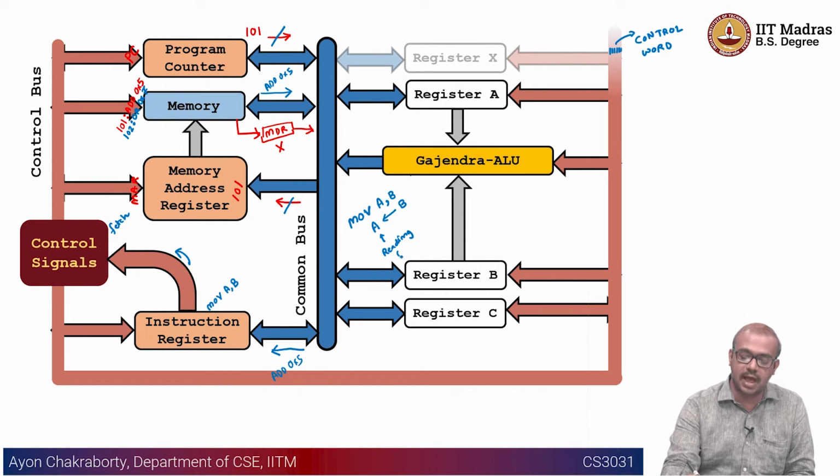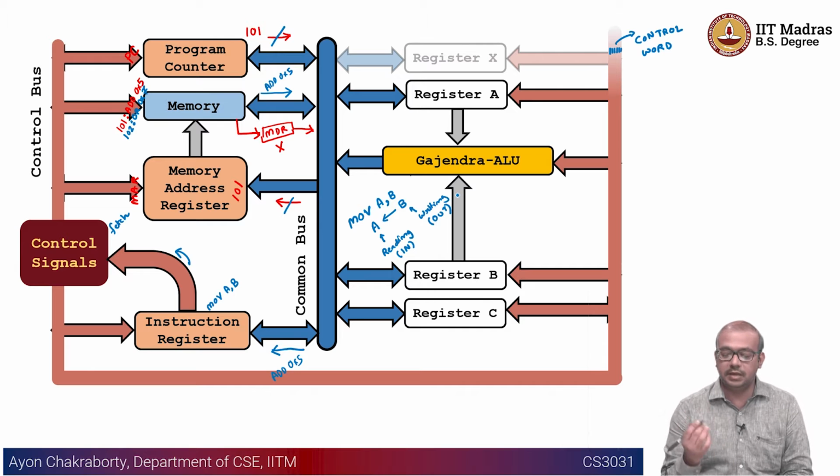That means it is actually allowing inputs, whereas register b is writing to the bus, right? Reading from bus, writing to the bus, which is basically out. So b is writing to the bus, its output is enabled, and for a the input is enabled. If you do vice versa, it is not going to end up in the proper thing, right?